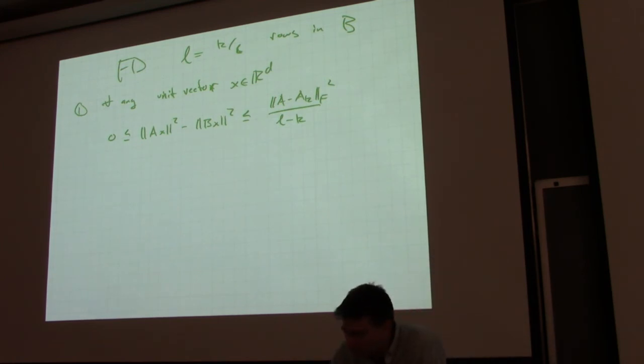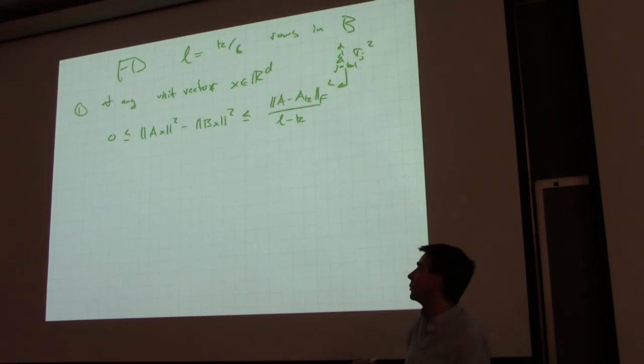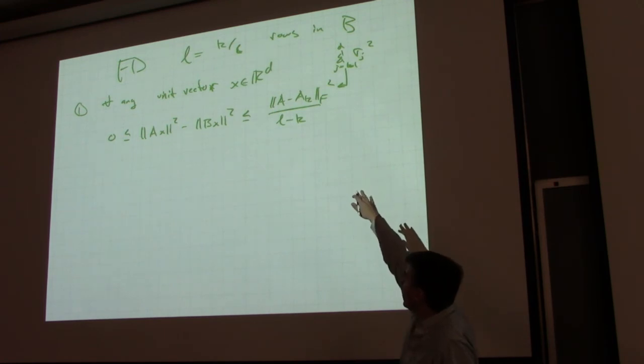This term here is going to be equal to the sum from j equals k plus 1 up to d of the squared singular value. So it's the part of the norm not captured in the part that carries the information, the noise of the matrix, divided by L minus k.